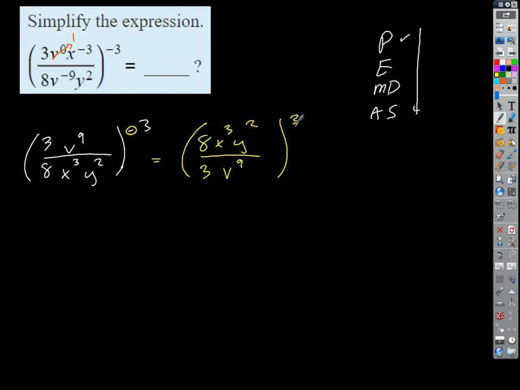Right. And so now, what do I do? Last thing to do. Distribute. I just distribute, sure. So we'll distribute the 3 to each of the factors. So there's 3 things on top, and there's 2 things on the bottom, right?